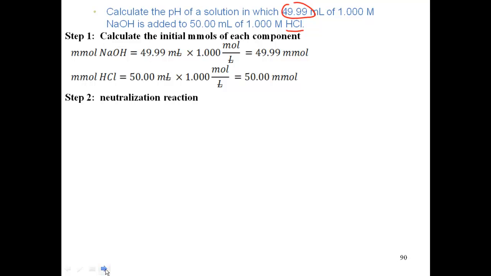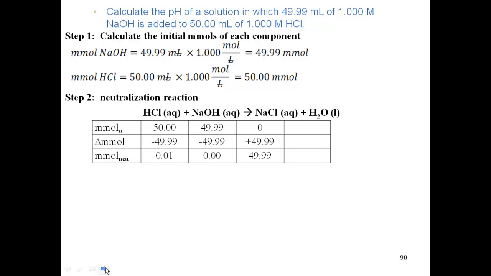I've got to write my neutralization reaction. HCl plus sodium hydroxide: the hydrogen comes over, forms my sodium, which gives me sodium chloride. Then I do my millimole table, which is 50 for HCl and 49.99 for my sodium hydroxide, and 0 for my sodium chloride, because I have none to start with. It's only going to come from my reaction. So now I do my change in millimoles.